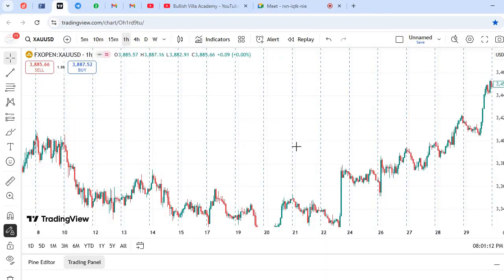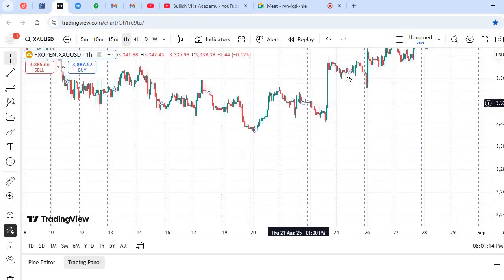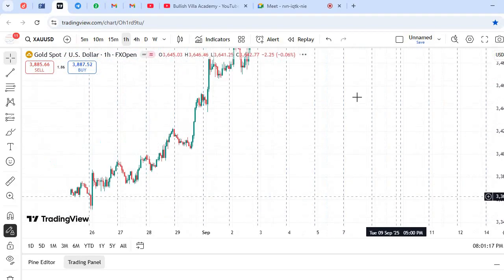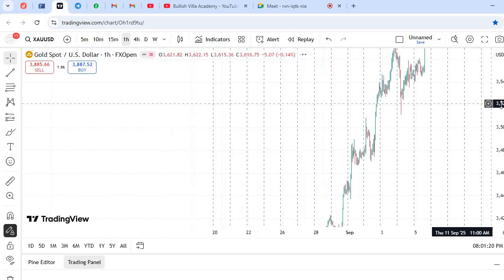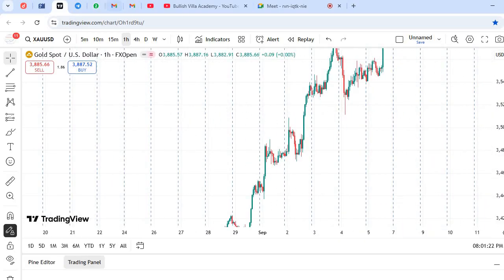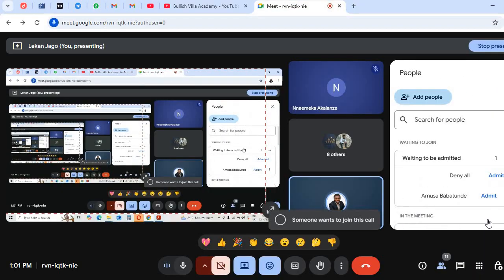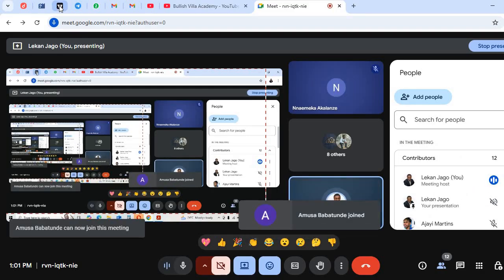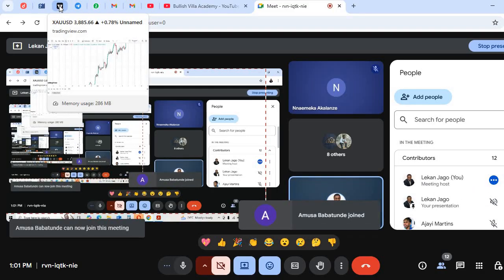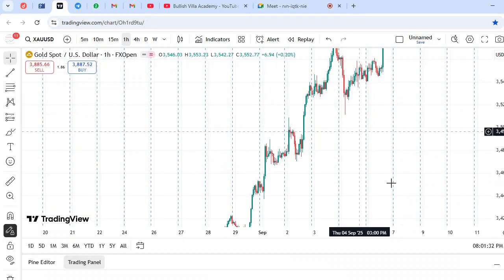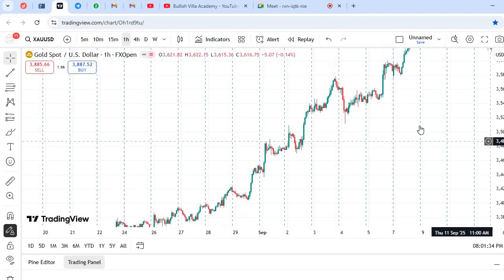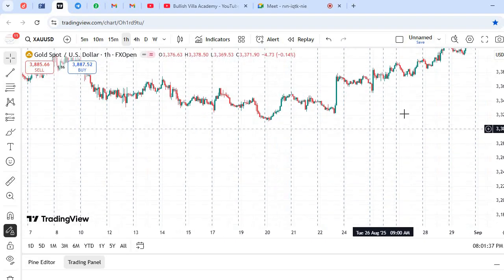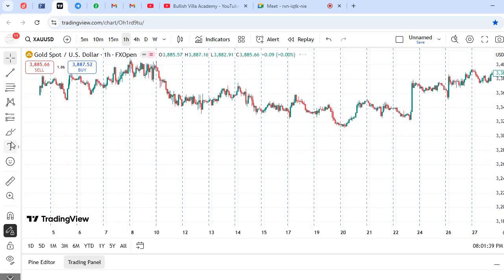I'll quickly go through that one before we go to change of character. We have bullish or uptrend, we have bearish or downtrend, then the last one, which is the consolidated or the ranging markets.